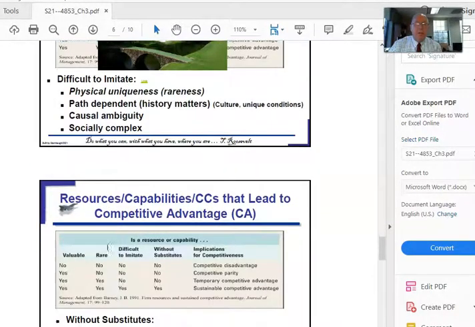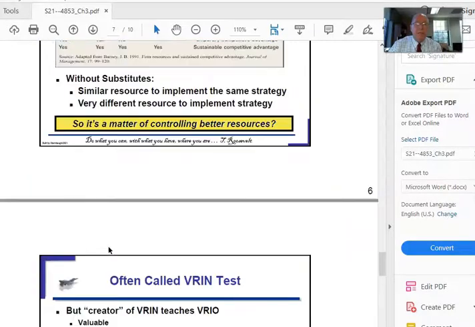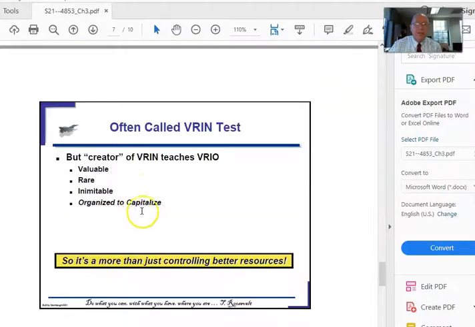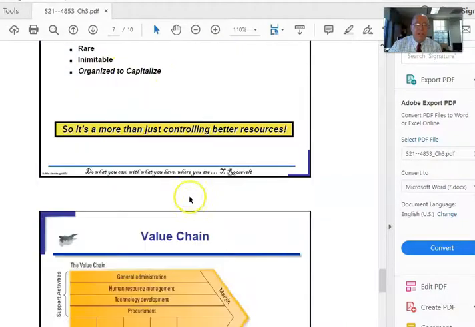If you remember, I talked about the fact that the guy that actually created this says he basically combines hard to imitate and no substitutes because they're kind of two sides of the same coin. And he introduces the concept that it's also how you organize to capitalize on these resources that is key.